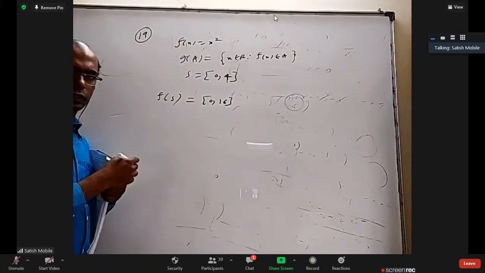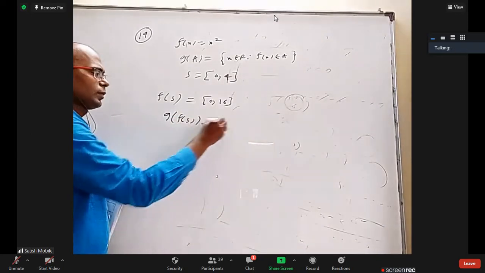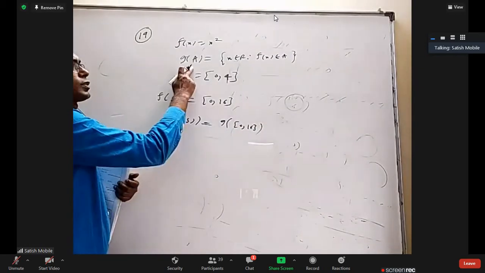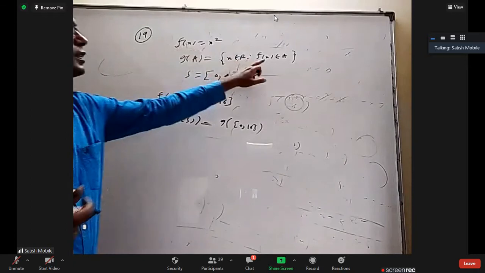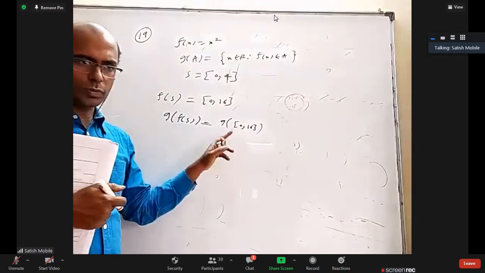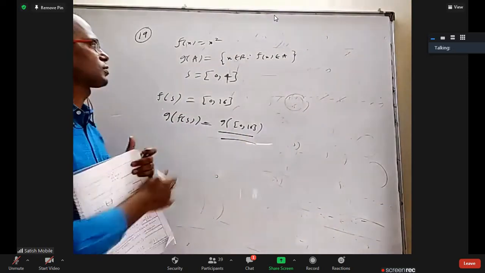Okay. Now g of f of S means g of something between 0 to 16. So we want those x values where when you put it in f, the answer is in between 0 to 16. Forget about everything, I want this based on this definition.